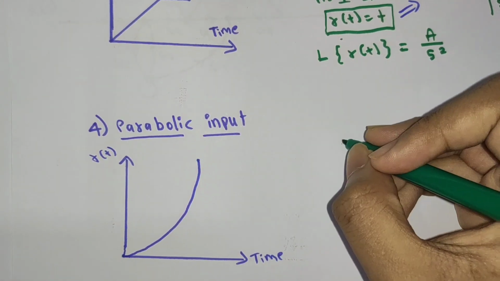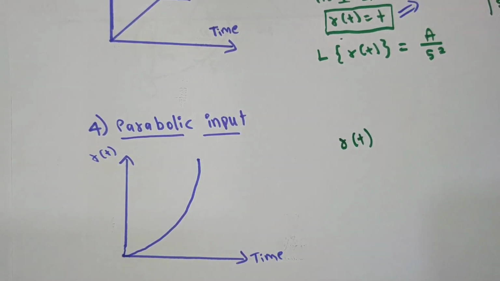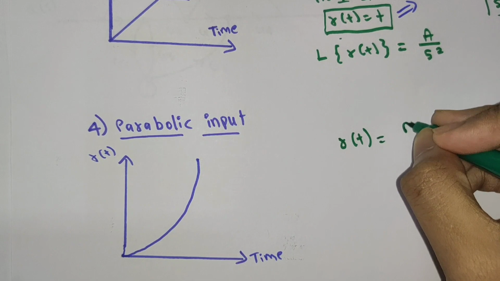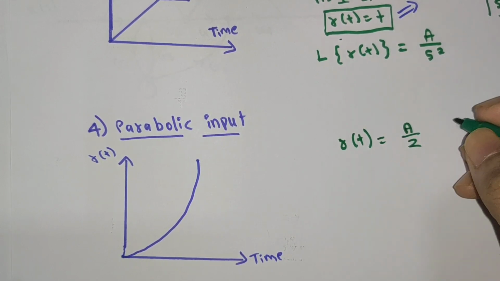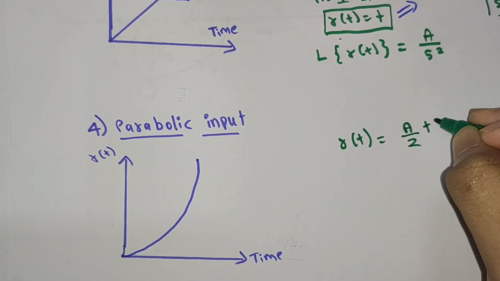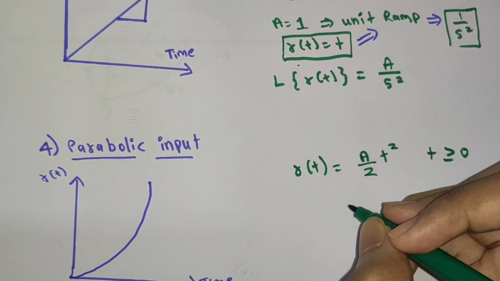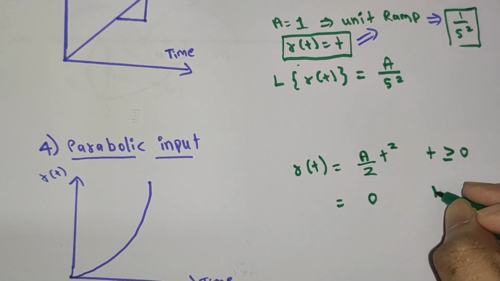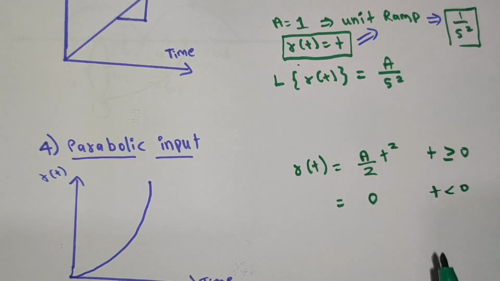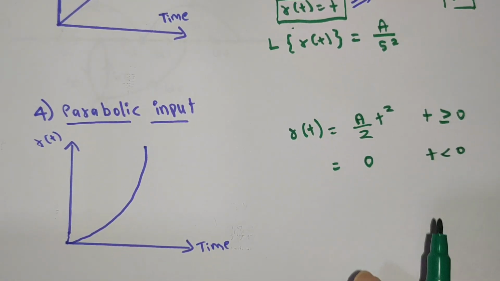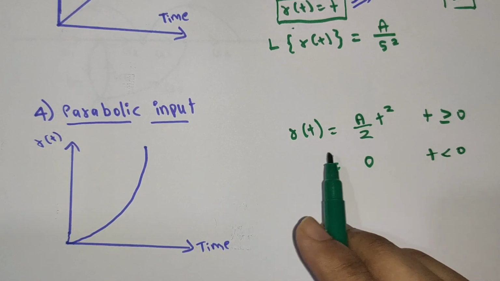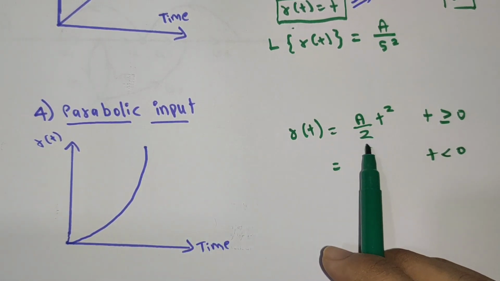So the condition for the parabolic input is a bit different from the others: a by 2 t square for t greater than or equal to 0, and it will be equal to 0 for t less than 0. That means it is a positive increasing value, and the value of the parabolic input will be a by 2 t square.